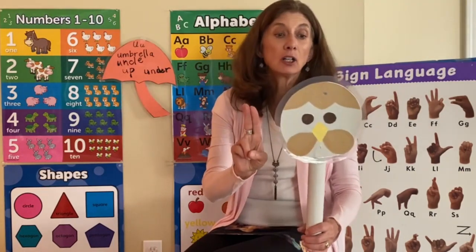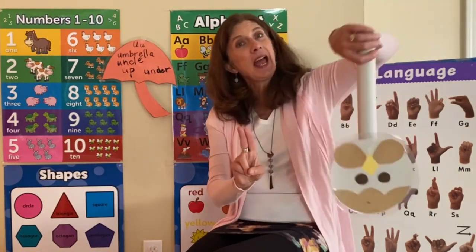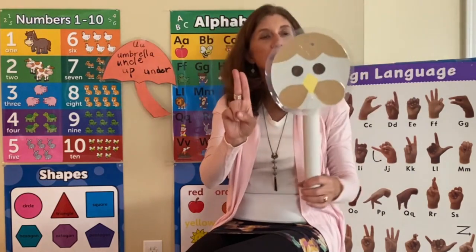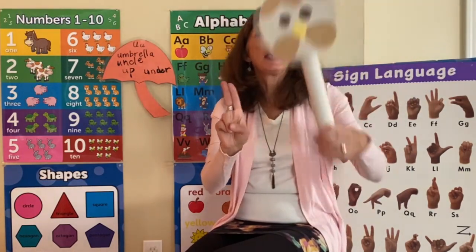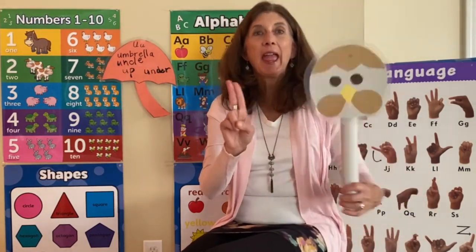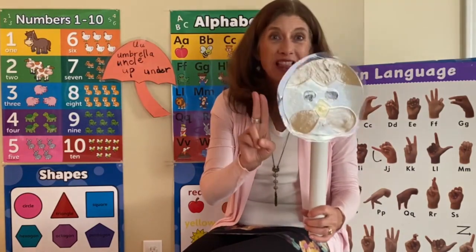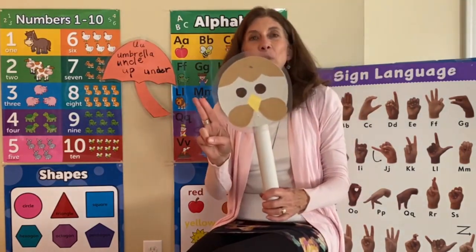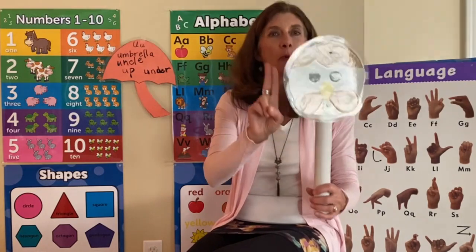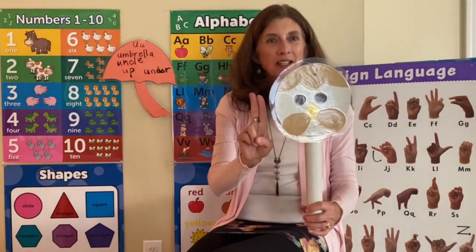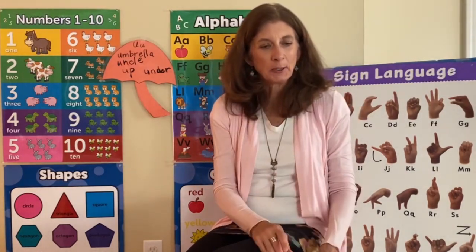Upset uncle upside down. Just like that plane was. Up and under and umbrellas. U, for umbrella bird. And that's the U cheer.